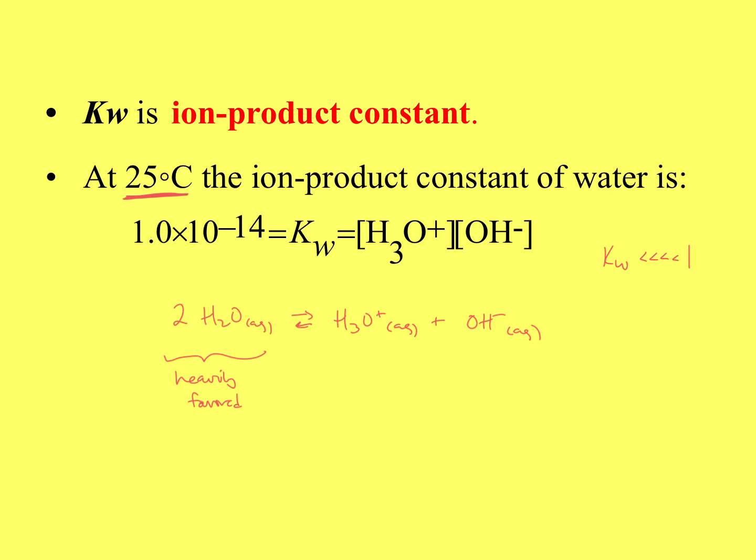Now at equilibrium, pretty much any case for water, H3O plus concentration equals OH minus concentration for water, specifically. At 25 degrees Celsius and only at 25 degrees Celsius, H3O plus concentration equals 1 times 10 to the negative 7th molar, and OH minus equals 1 times 10 to the negative 7th molar.